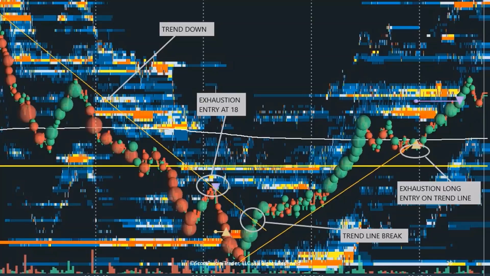I am not a big fan of that because my risk will be higher, and my risk will be somewhere down here, below the volume cluster. I have to give this room in order to have the trade play in my favor.